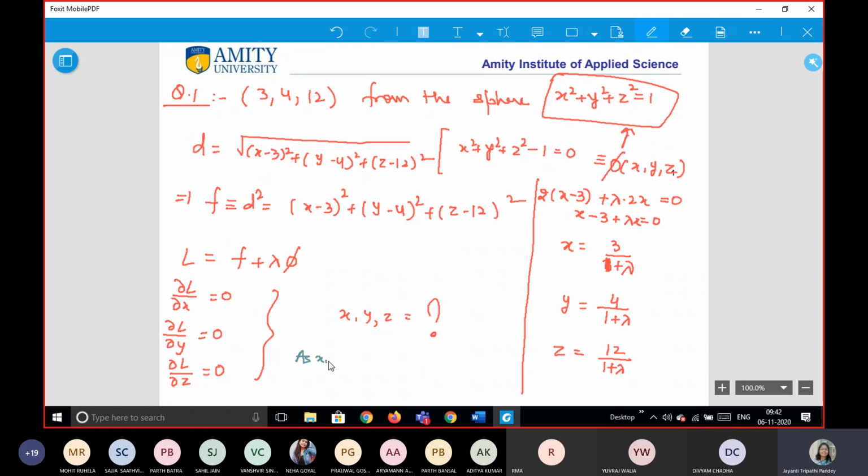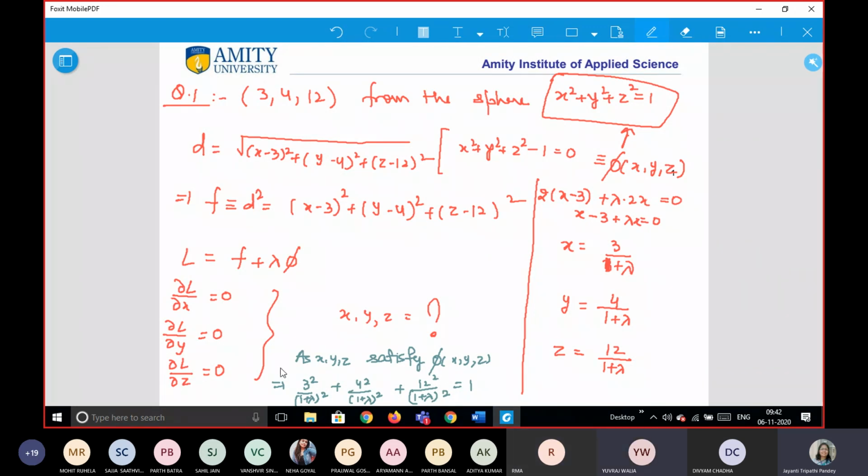As x, y, z satisfy phi, this means 3 square upon 1 plus lambda square plus 4 square upon 1 plus lambda square plus 12 square upon 1 plus lambda square equals to 1. Agreed?